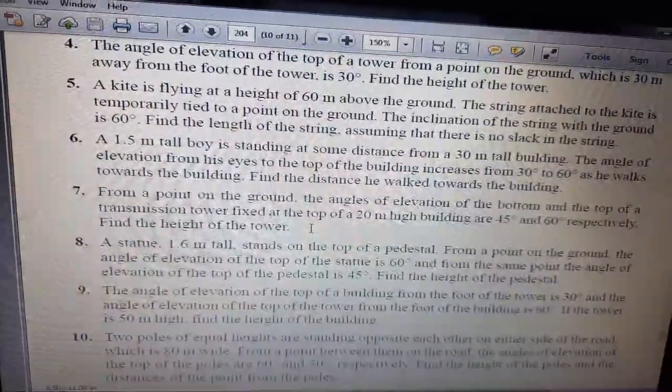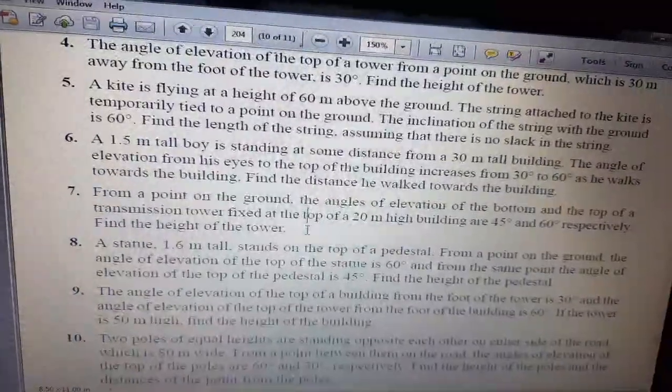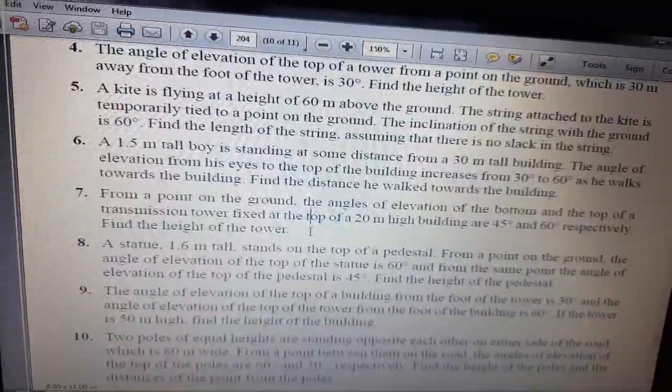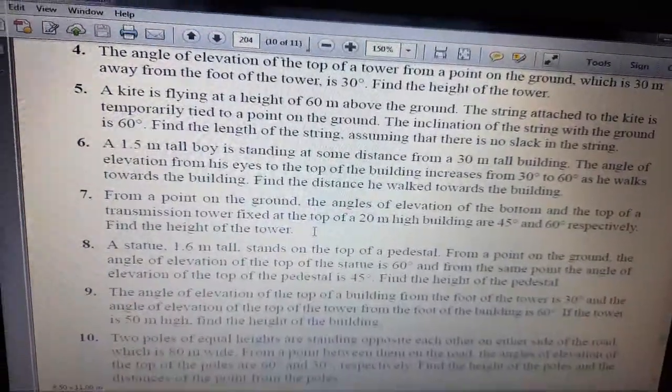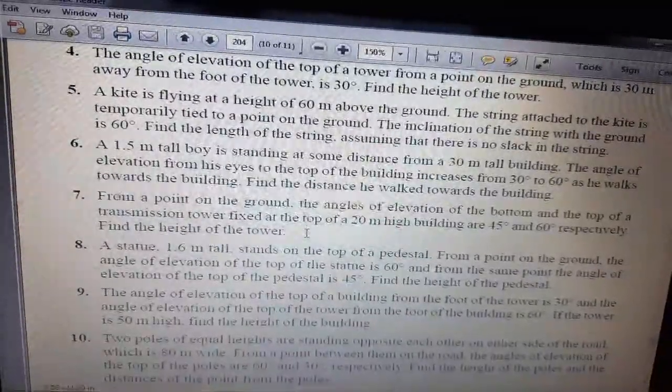So before going to its diagram, let's discuss what the question is. From a point on the ground, the angle of elevation. Okay, so there is a point on the ground and the angle of elevation of the bottom and the top of a transmission tower.